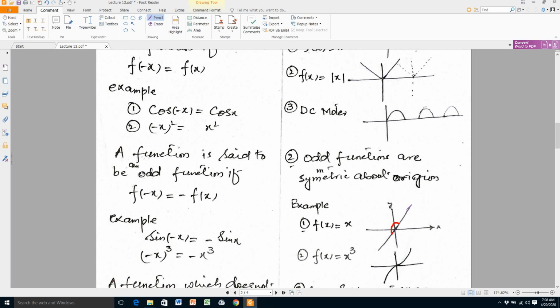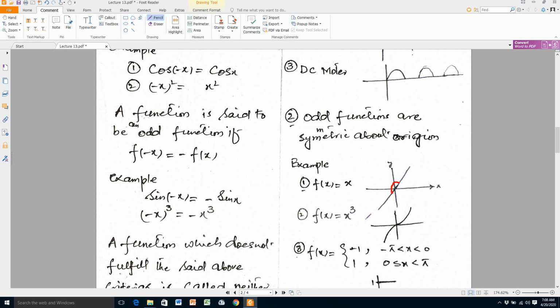We get again the same function, and you see here it is symmetric about the origin. Another example is f of x is equal to x cube.